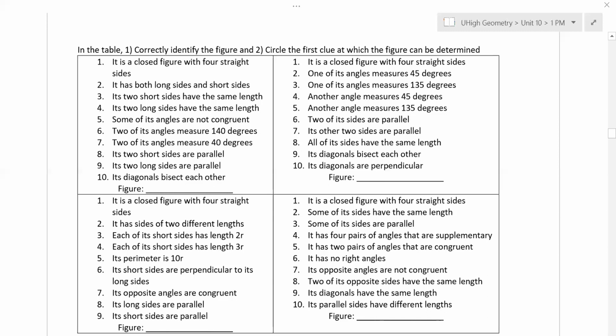What I want you to do is pause the video and try these 4 questions. Try to identify the figure and figure out when was the first clue that you think the figure can be determined. So go ahead and pause the video, try all 4 of these, and then we will come back together and talk about it.